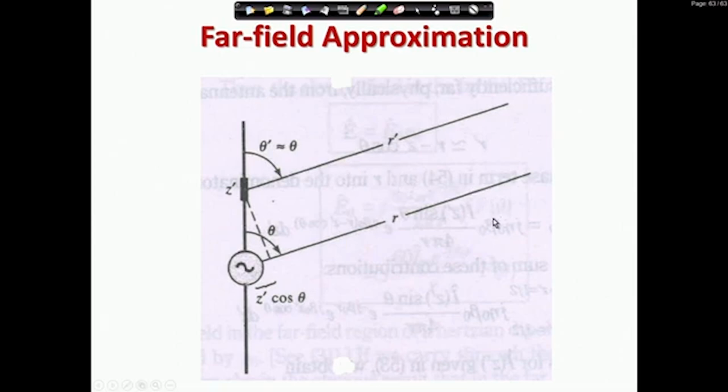Now, as we have seen, when we do the superposition, we need these things. We can now write down what will be the far field for each of the current elements. So, for the one shown, this elemental one, I can write what will be the far field. We know that in the far field we have only the theta component of the electric field.